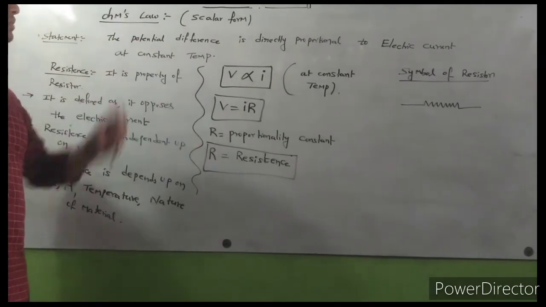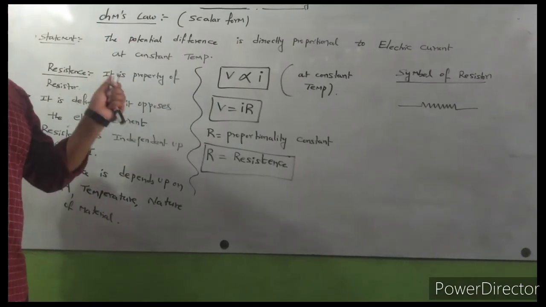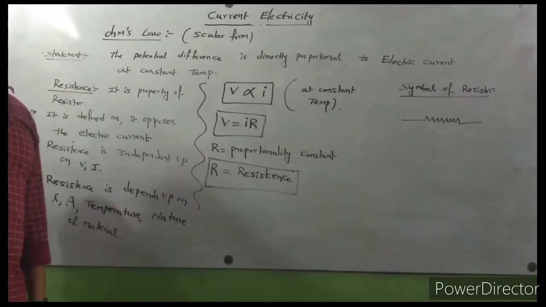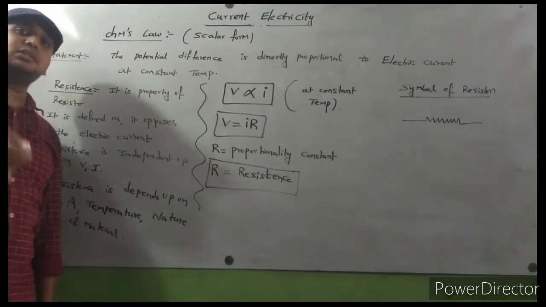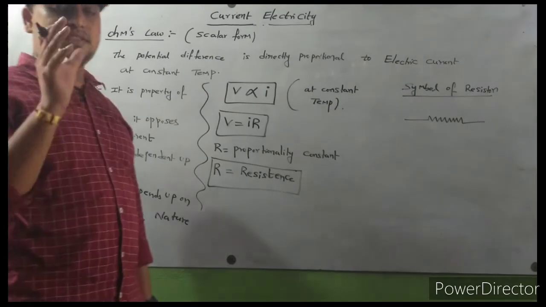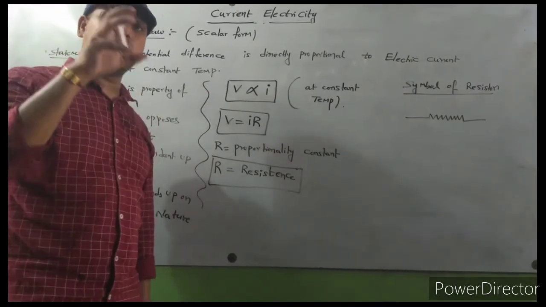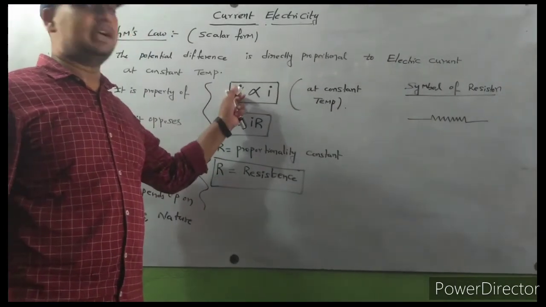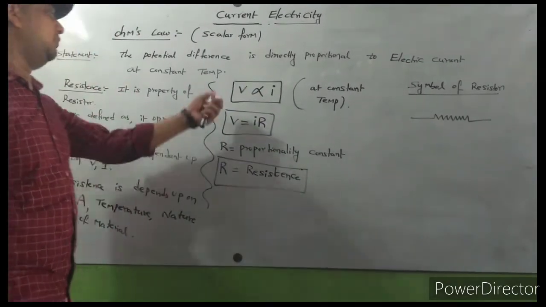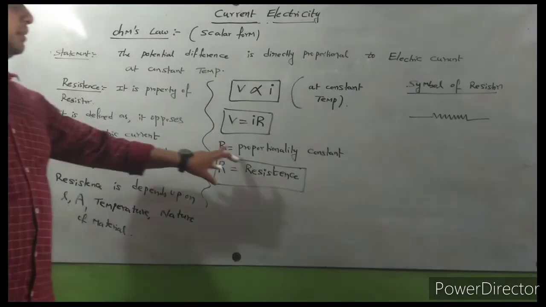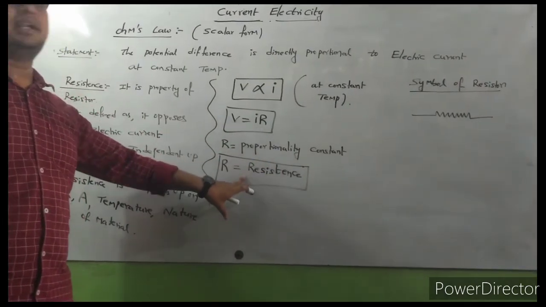So what is meant by Ohm's law? The potential difference is directly proportional to electric current at constant temperature. If you consider one device that satisfies Ohm's law, the potential difference across the device is directly proportional to electric current. So this is V is equal to IR. R is the proportionality constant, that is nothing but resistance.